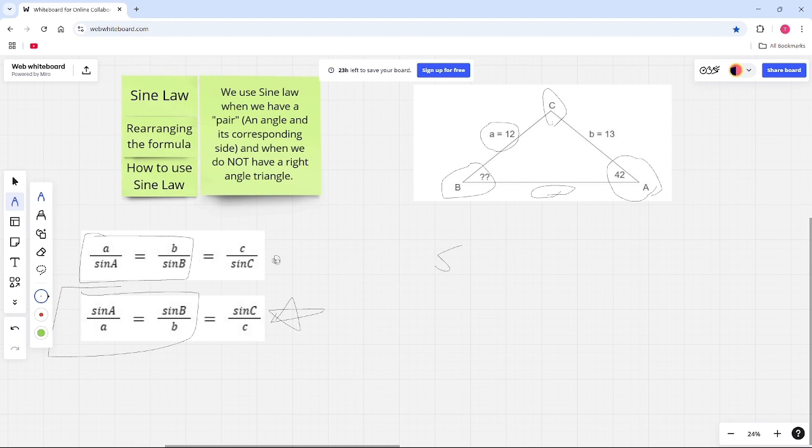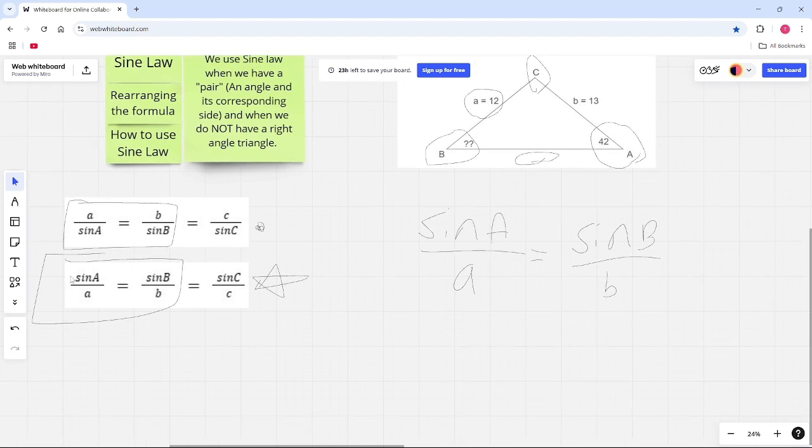So it's sine angle A over side length A is equal to sine angle B over side length B. And we don't include C simply because we don't have enough information for it, and we obviously don't want to make our lives too complicated. So we're just going to solve for one missing variable instead of solving for three at a time, which is obviously really hard and unreasonable.